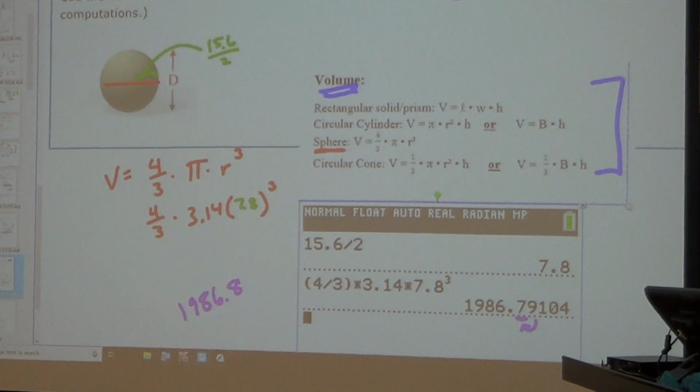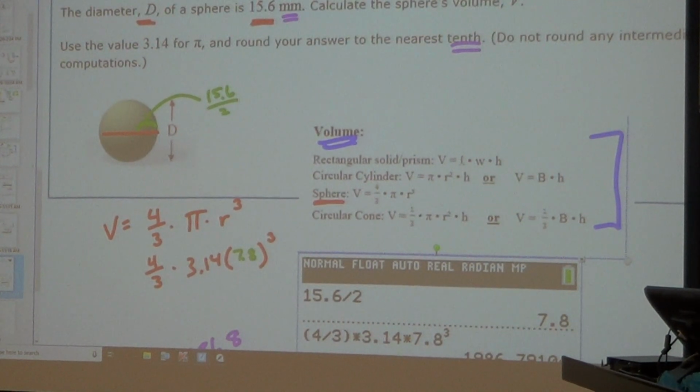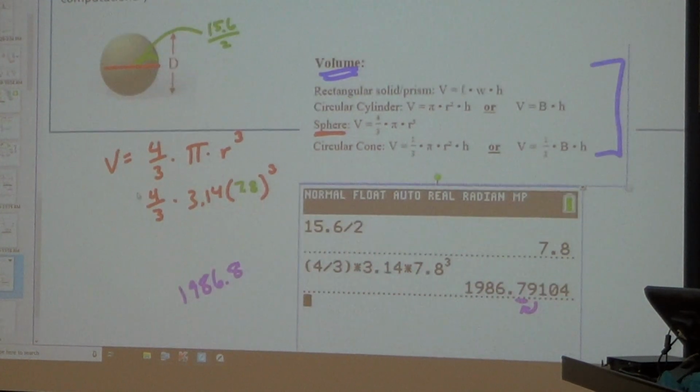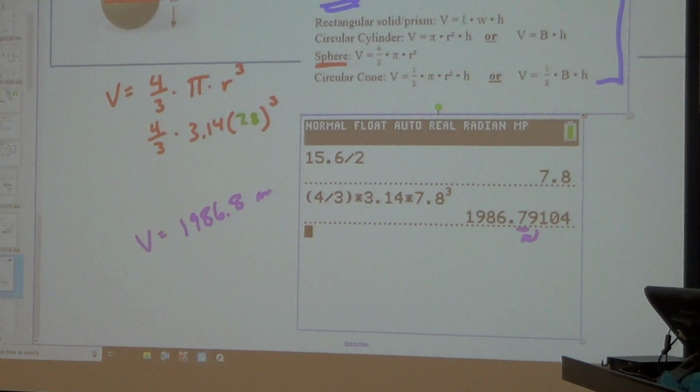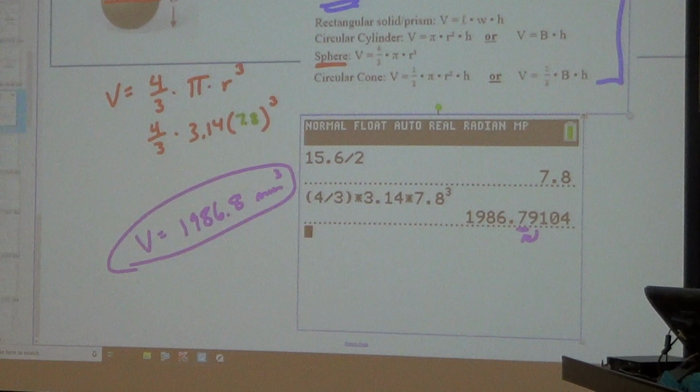And my units are going to be millimeters, but because it's volume, it is going to be millimeters cubed, millimeters to the third. Cool? Those are not that bad once you know how to use the formulas.